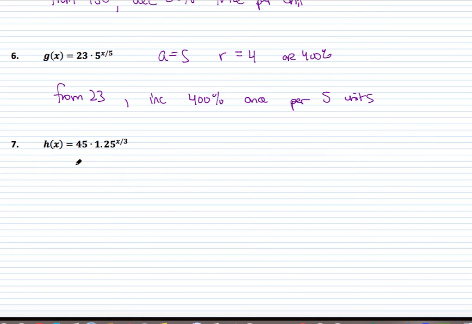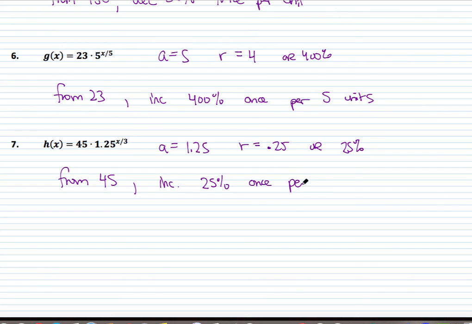Then for h of x, we start at a value of 45. We have an a that is 1.25. Therefore, r is going to be 0.25, or an increase of 25%. So we're going to be increasing 25%, and we're going to do that once every 3 units.